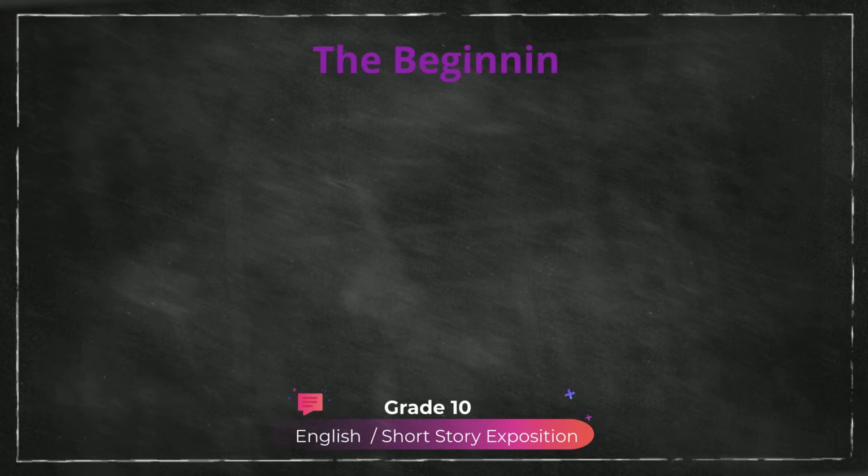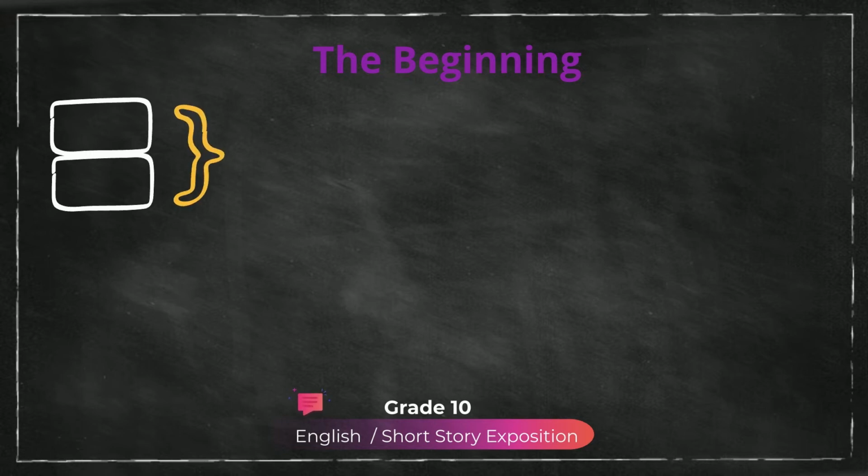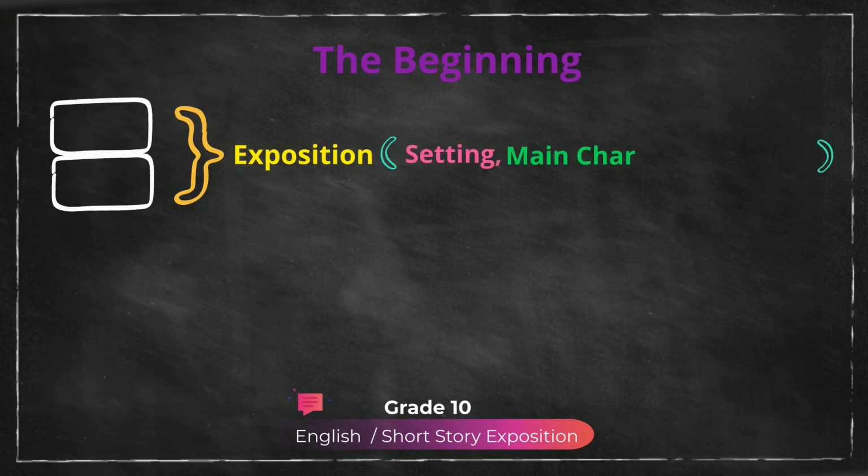The beginning. In about 1 or 2 paragraphs, create the story's exposition. This is where readers are introduced to the setting, main character, and conflict, in no particular order.